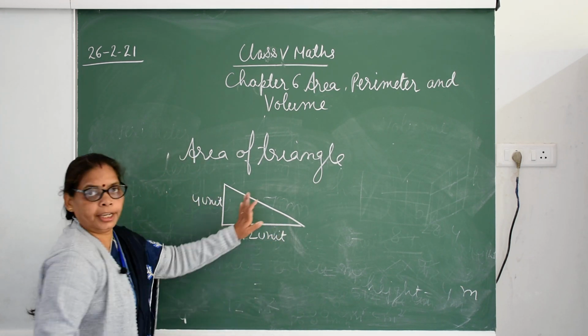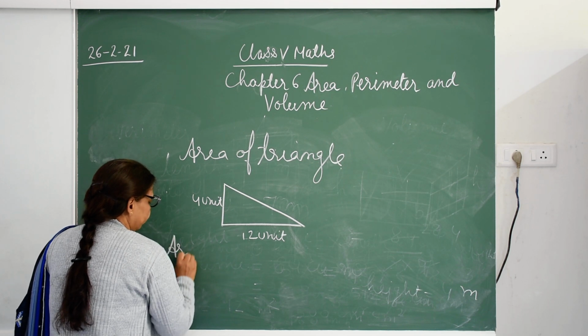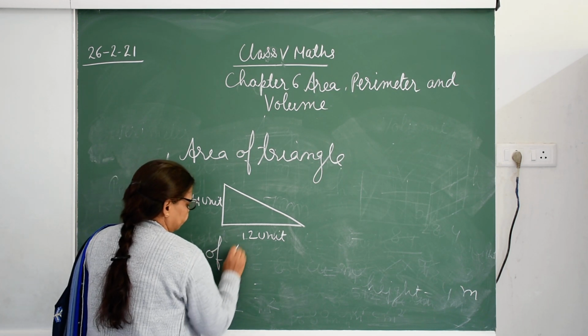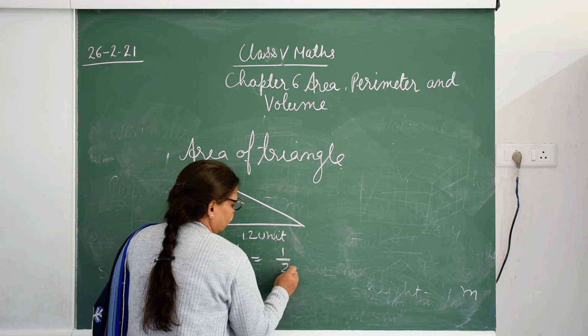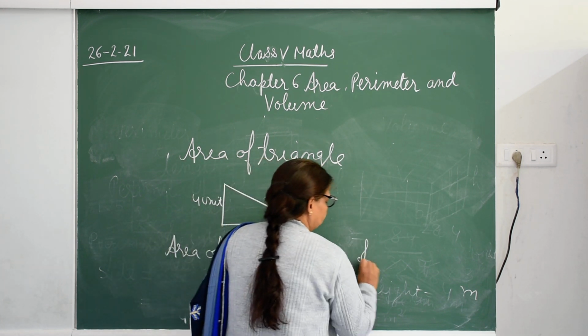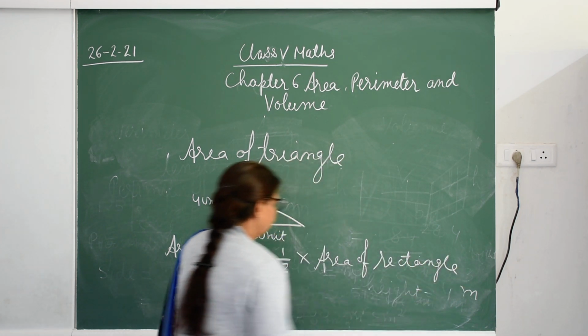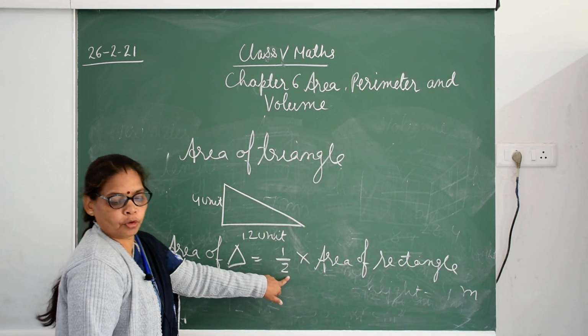You have to find the area. Okay. So the formula of area of a triangle is 1/2 of the area of a rectangle. Half of the area of a rectangle.